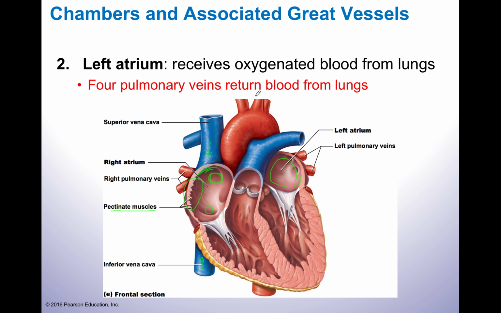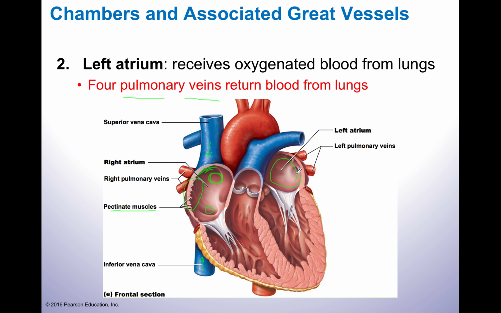The left atrium receives oxygenated blood, and these are the new blood vessels to be discussed: the four pulmonary veins. Let's break down this concept. Left means it's going to receive oxygenated blood.